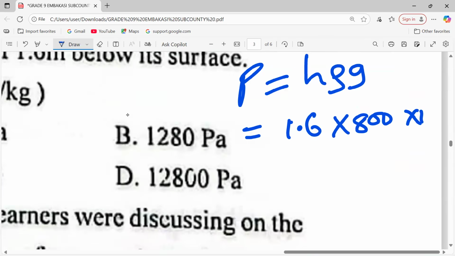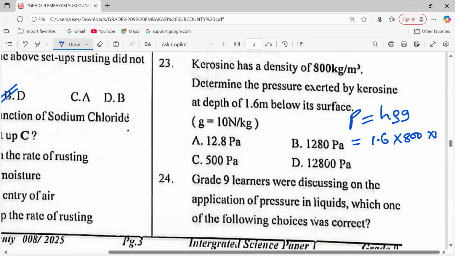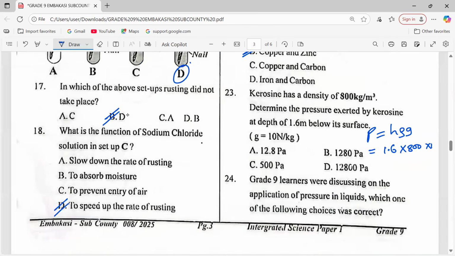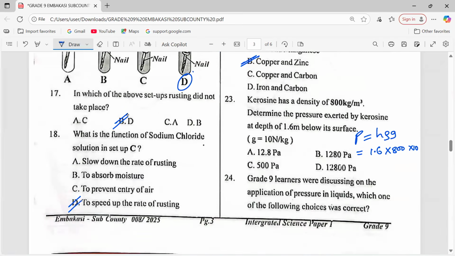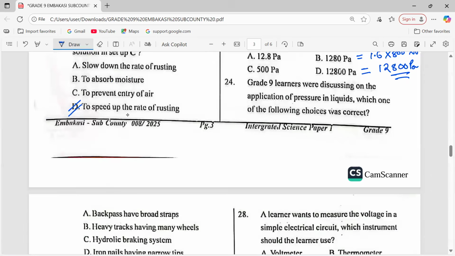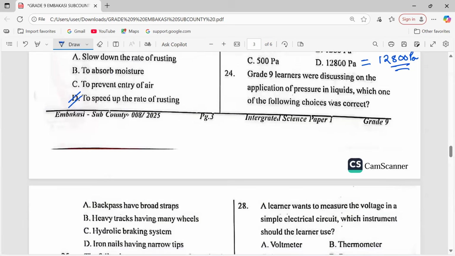It's a constant. So now here, we shall have the answer is 12,800 Pascal.